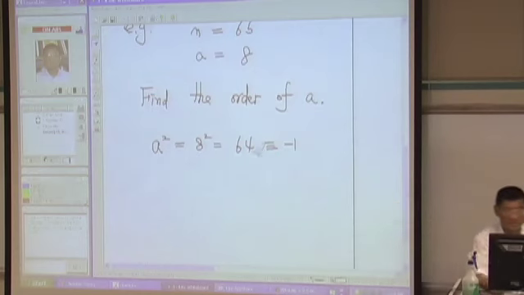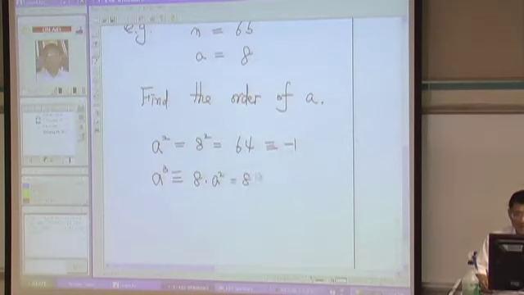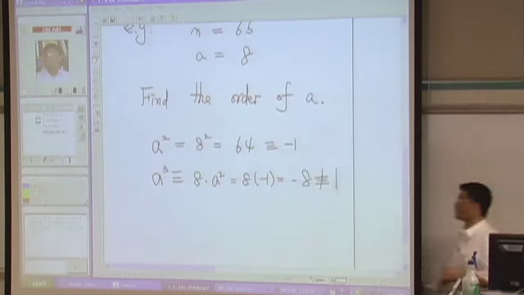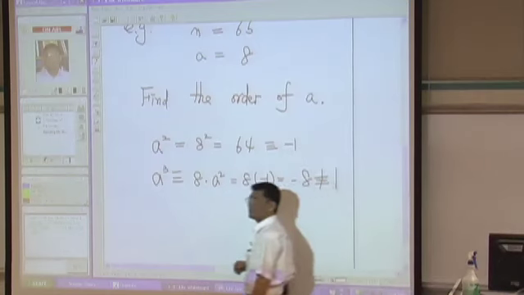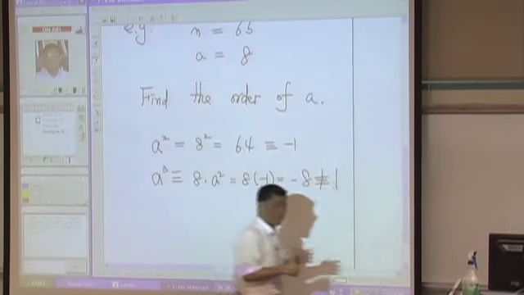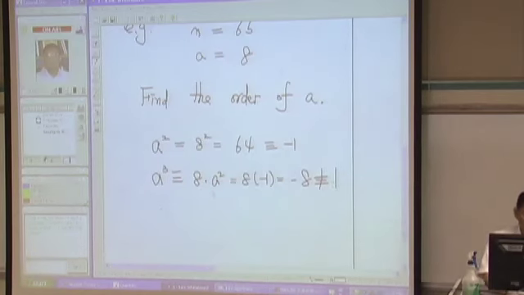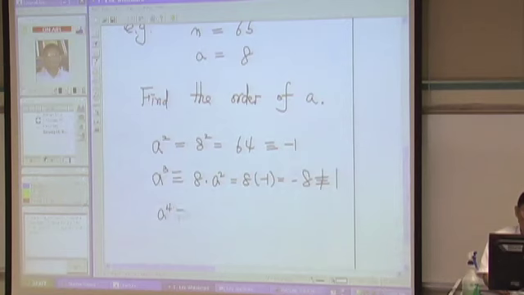What about 3? A cubed is congruent to 8 times A squared, which is 8 times negative 1, which is minus 8. And minus 8 is not congruent to 1. So 3 is not the case. Then the next power is 8 to the 4th, which equals negative 1 squared.